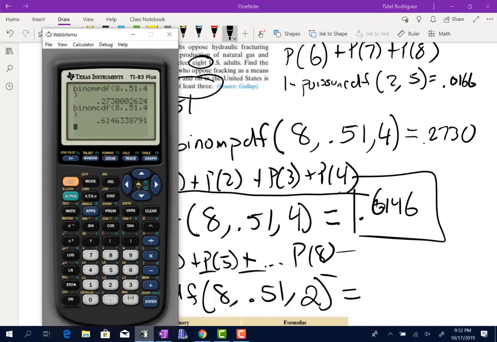So let's come back over here. Let's go binomial CDF. And I'm going to put 8, comma, 0.51, comma, 2. Okay, we got that number, and then we're going to do 1 minus our answer, right?